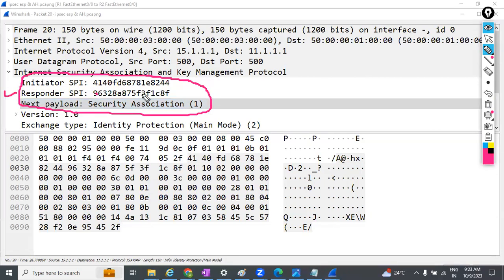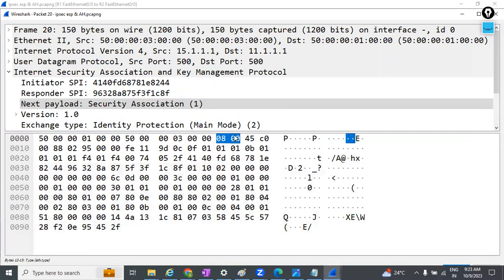The responder SPI in the first message is always 0, so this is not that information. And third, security association is always exchanged in the first 2 messages only. So if responder SPI is 0, this is the first message. If it has some value, then this is definitely the second. But again, the value would be in clear text here.